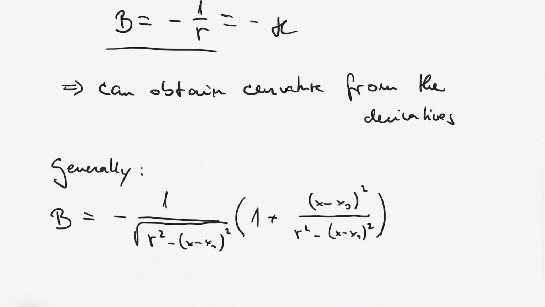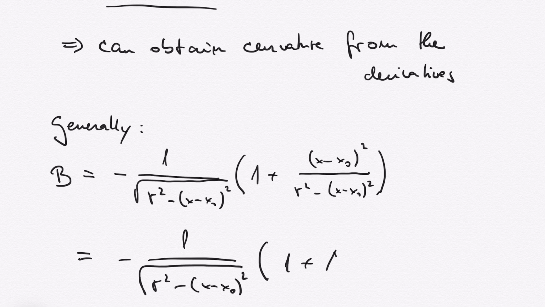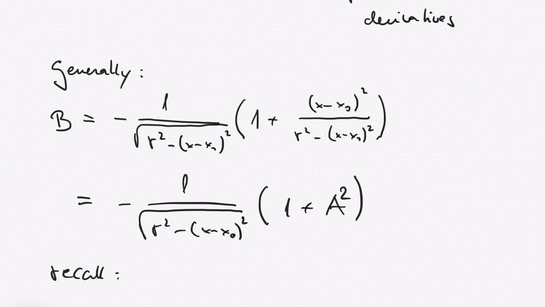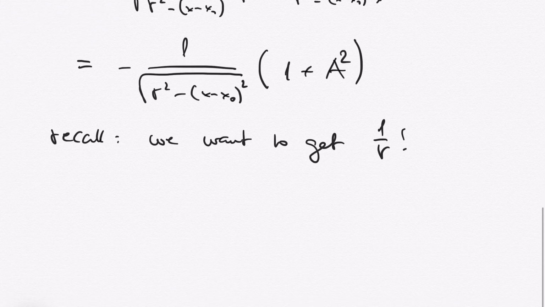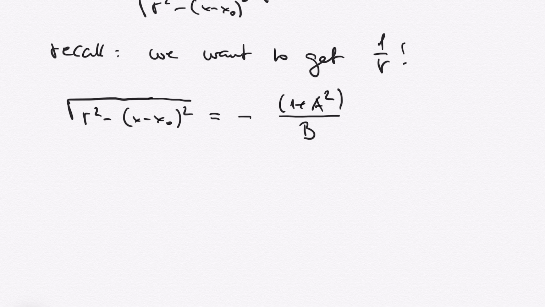To that end, let's rewrite b this way. So write b like this, and we can manipulate this again with the help of a. The second term in the brackets is actually a squared. Again, recall what we want to get: we want to get 1 over r, or actually minus 1 over r, because minus 1 over r would be the curvature. So let's get to that. This is from the equation for b.